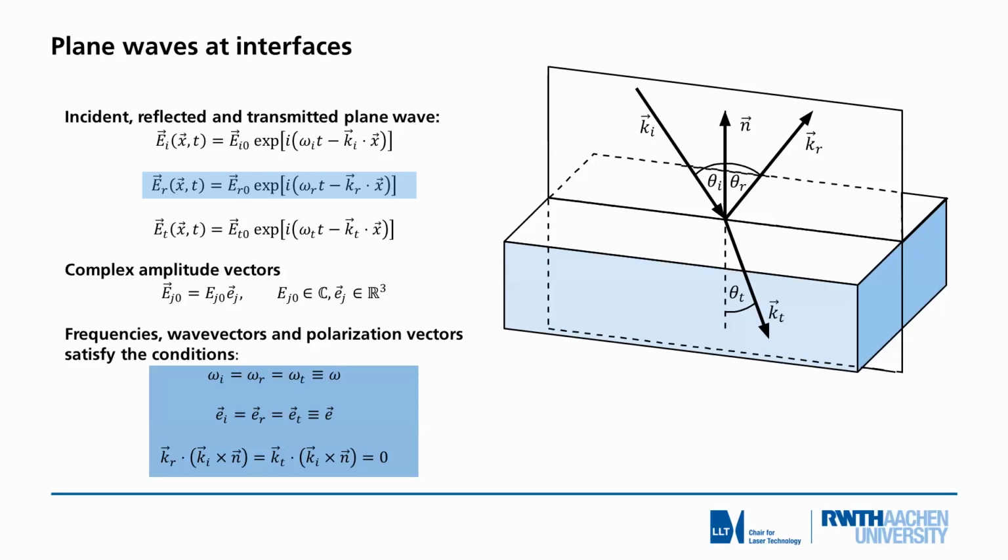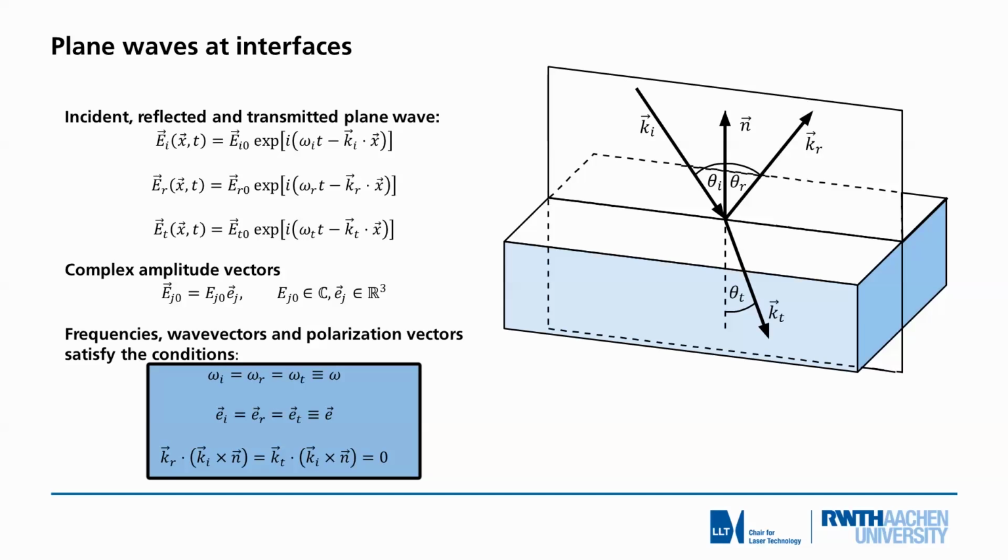So we denote that with E_R for reflected and E_T consequently for the transmitted part of the wave. We use complex amplitude vectors, which we will see later, because we need to take care of the phase changes at the interface depending on, as we will see, the orientation of the electromagnetic field. We will have phase jumps in the reflected beams.